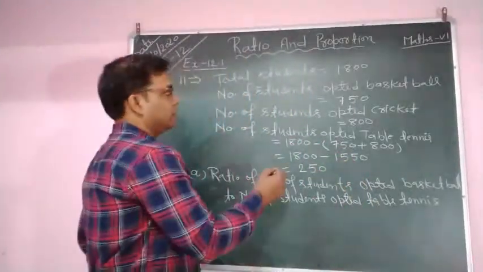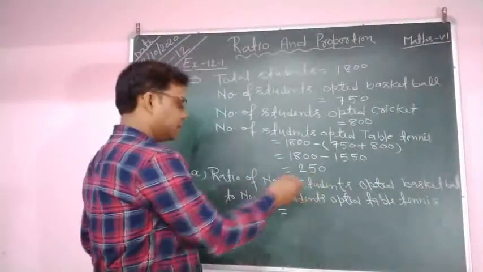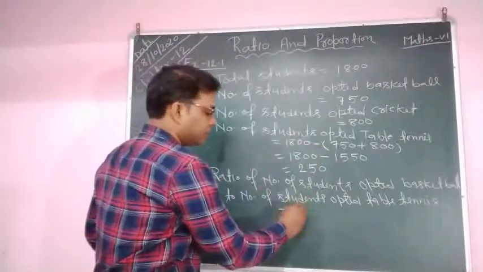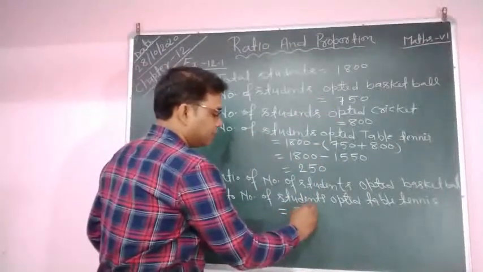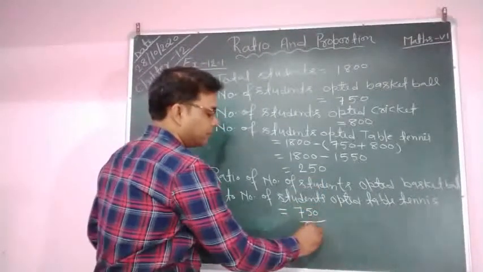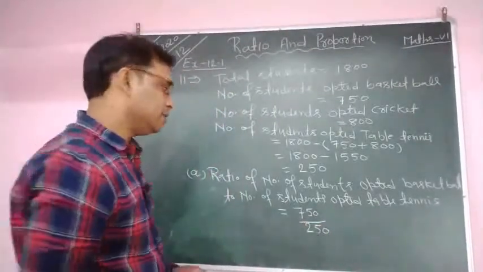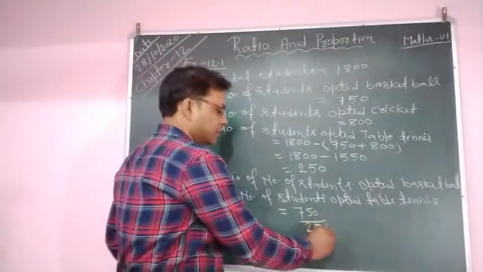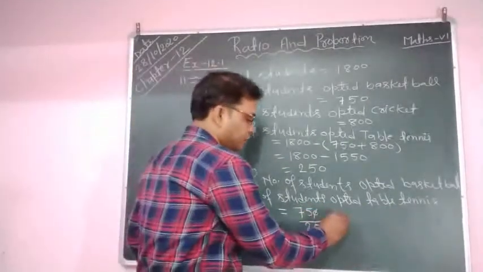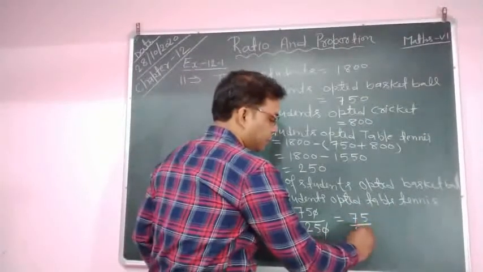Okay. So this is equal to, you can write, first comes basketball. So 750 students like basketball and 250 students like table tennis. If you cancel 0 by 0, then you obtain 75 by 25.